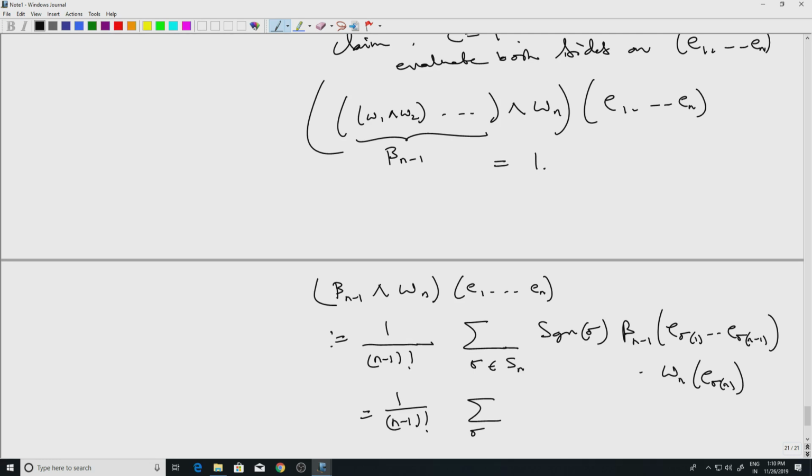And now notice one thing here, omega n is the dual basis. So this term here will be non-zero if and only if sigma n happens to be n. If sigma n is not n, then this is 0. So it will only survive for those sigma such that sigma n equals n, and then sign sigma, then beta, and then it will be 1, beta n minus 1 of E sigma 1 up to E sigma n minus 1.